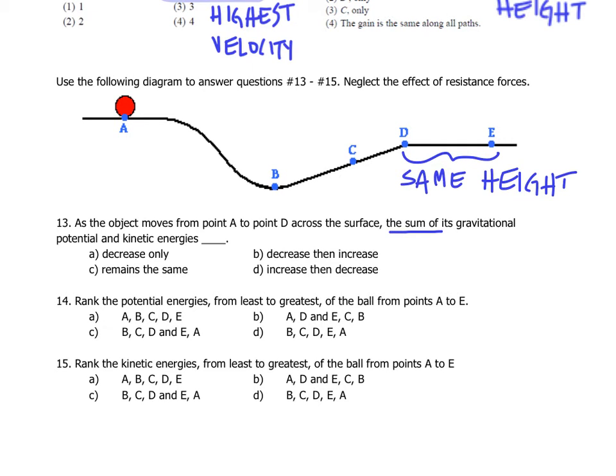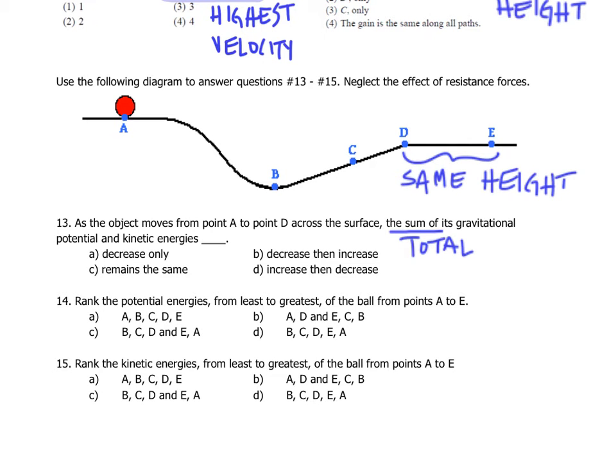So this word sum means that you're adding them up, the gravitational potential and kinetic. In other words, it wants to know the total. Think about what you know based on what we talked about yesterday. What is true about the total energy as an object moves from point A to point D? So answer those questions that are remaining on page 5.